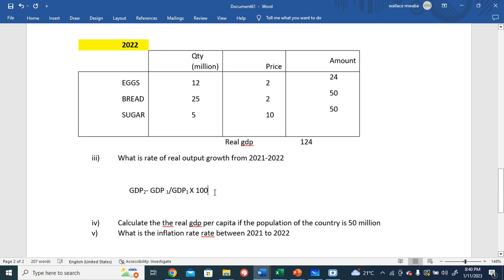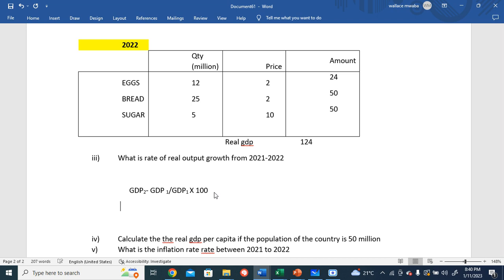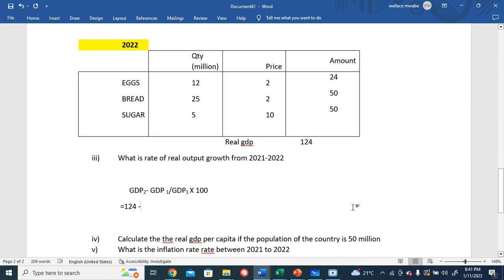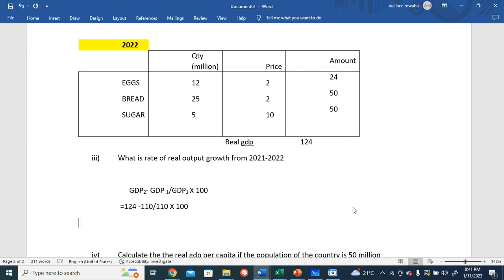Right, so the real GDP here, we're using the real GDPs, not the nominal GDPs. So GDP for year two is 124 minus the GDP for 2021. Remember, since it's the base year, its nominal and real GDP will be the same value. So it's 110 here, divided by 110 multiplied by 100.